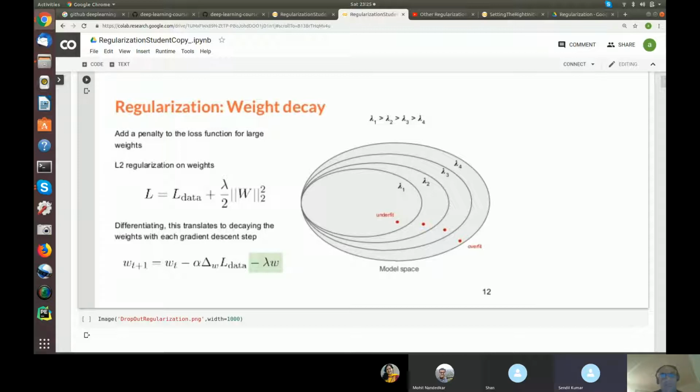Can the weights be positive, or can they also be negative? So the absolute values. That's a very good point. So yeah, for L1, we are taking the sum of the absolute values.